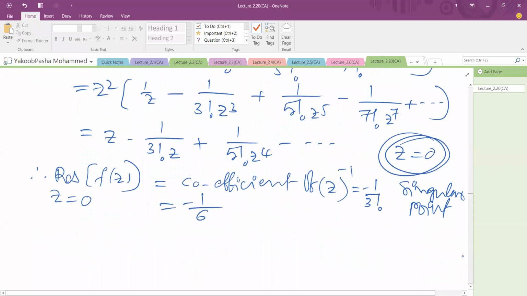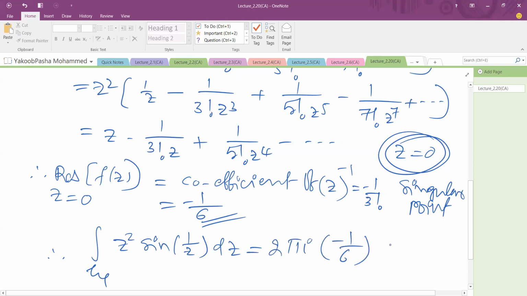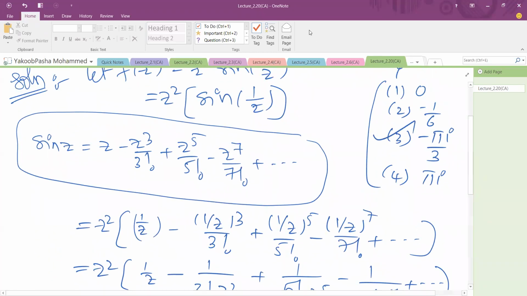This is the residue only, but we have to calculate the integral value. So the integral over C of z squared into sine 1 by z, that is f of z dz, is equal to, by definition of residue, 2 pi i into residue, that is minus 1 by 6, which equals minus pi i by 3. So the third option, option C, is the right option.